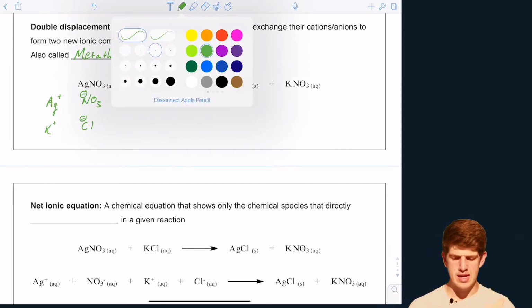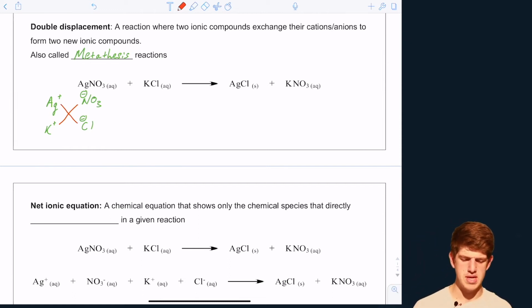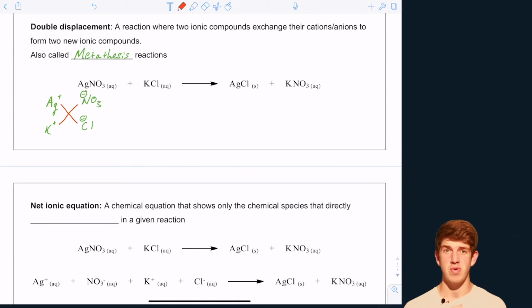They're all happy, except now they're going to switch. So K is going to bond to NO3 and Ag is going to associate with Cl. They're ionic. So here we have AgCl now and KNO3. So that is a double displacement reaction. We've now traded the partners for these two ionic compounds.